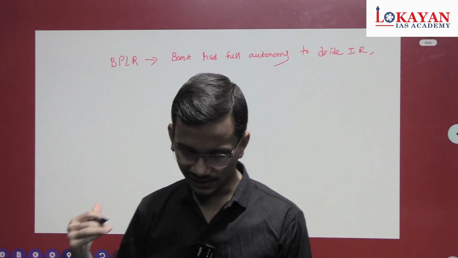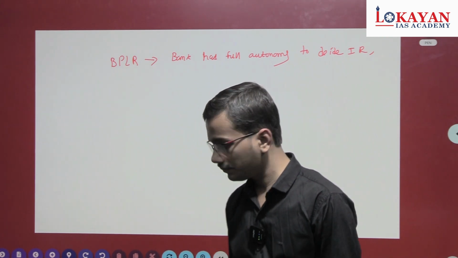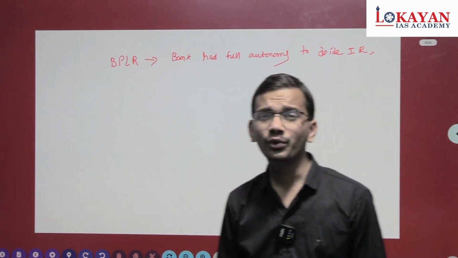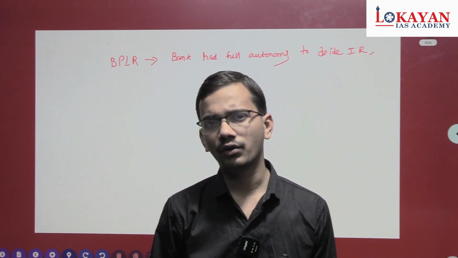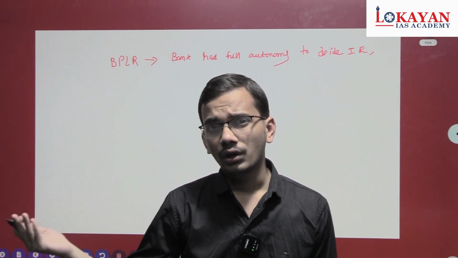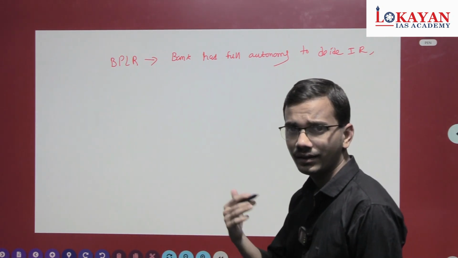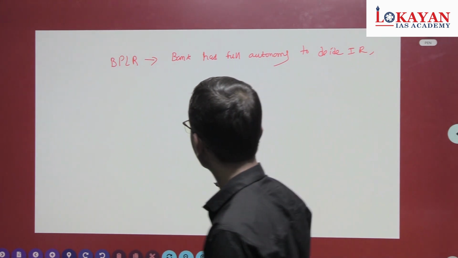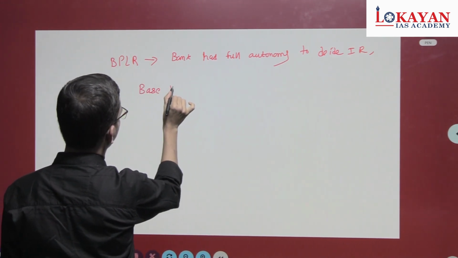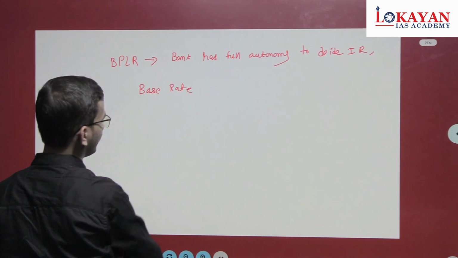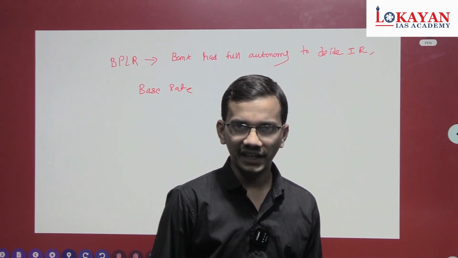But this system has certain inefficiencies, like often few unworthy customers got loans at very cheaper rates and cost to common borrowers. So to remove the deficiencies comes base rate regime. Base rate.